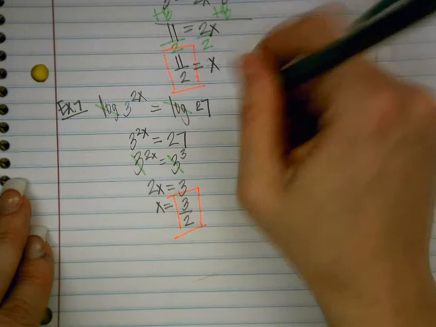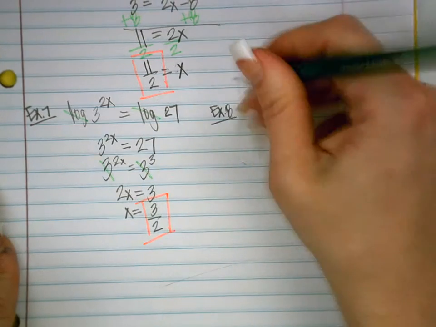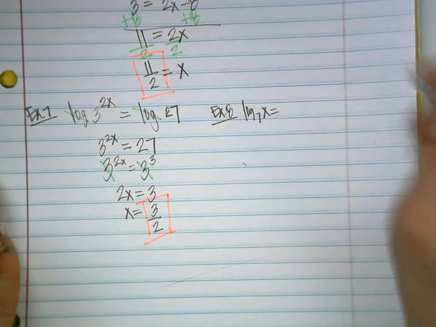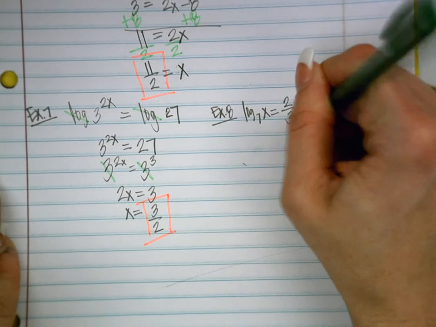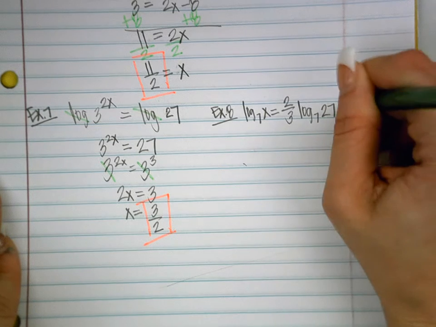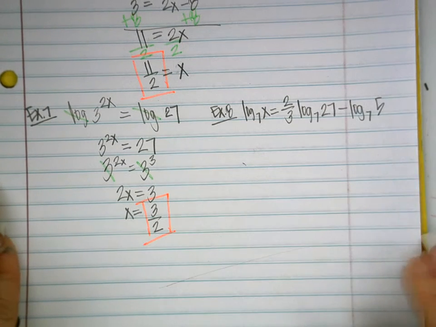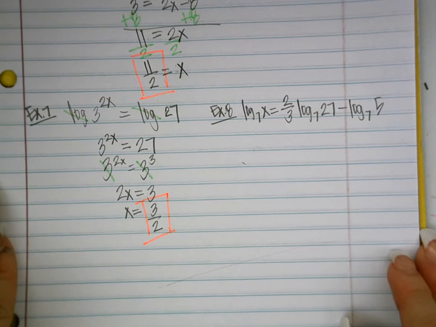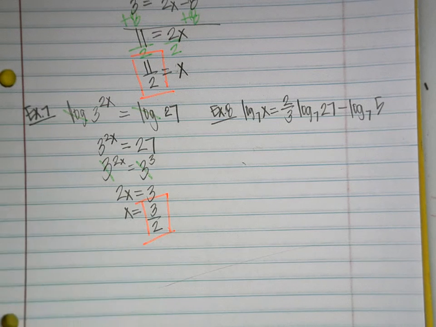Okay, last one, number 8. This one's probably the most difficult, but that doesn't mean that it's not something you could do. So log base 7 of x equals 2/3 log base 7 of 27 minus log base 7 of 5.